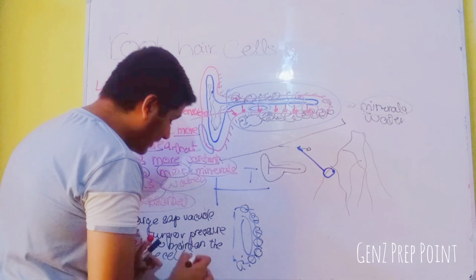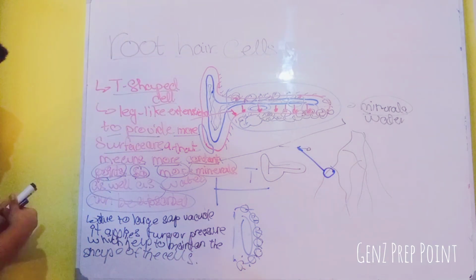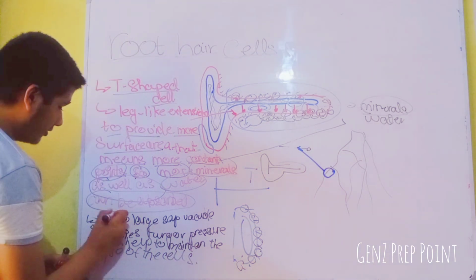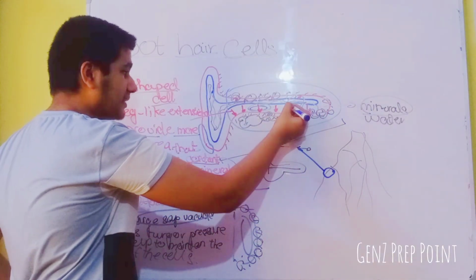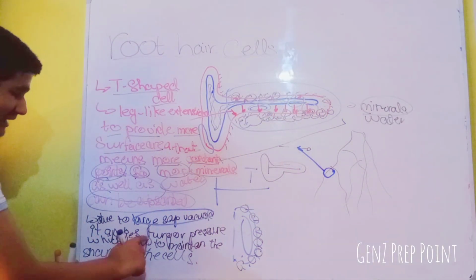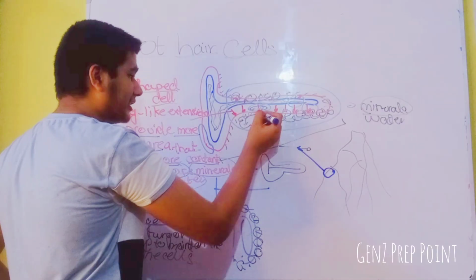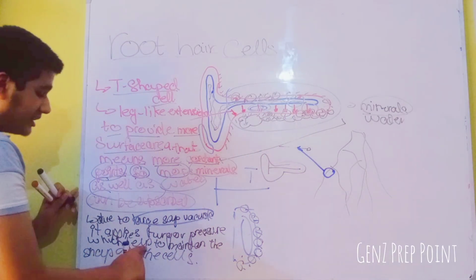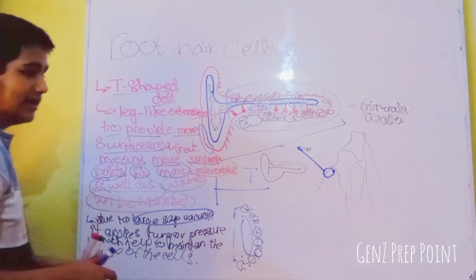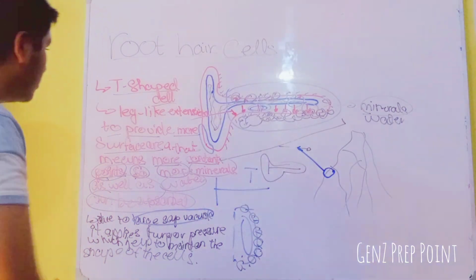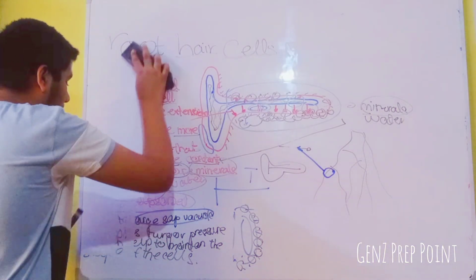What I am saying in this point is, this is a large sap vacuole which applies turgor pressure on the walls, which helps to maintain the shape of the cell. Do you all understand this? I hope so. If not, you can rewind the video.